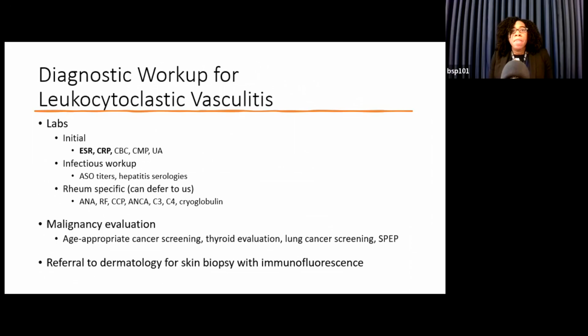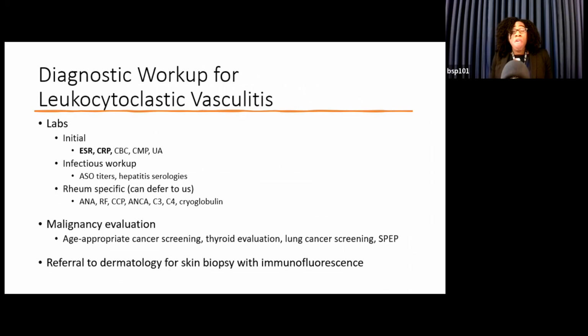Occasionally this can be associated with underlying rheumatic disease as well. So the typical rheum labs that you might get, ANA, RF, ANCAs, are reasonable to get also, or you can also defer to us. We're happy to help you interpret it either way. And because of the concern for malignancy, we recommend patients are up to date on their age-appropriate screening, as well as thyroid evaluation, lung cancer screenings, and SPEP, as these may be helpful in identifying what's going on.